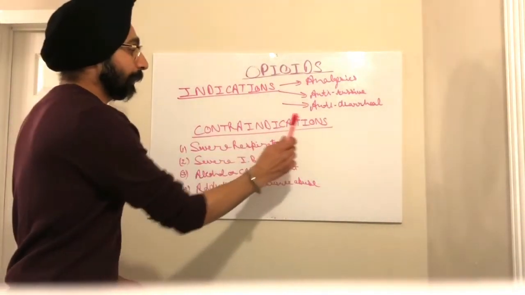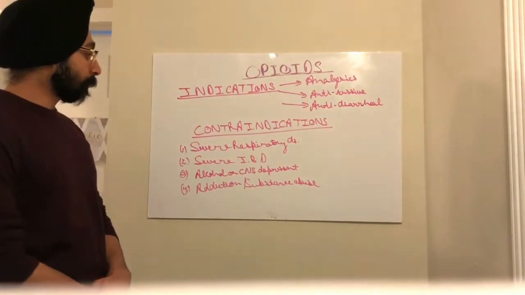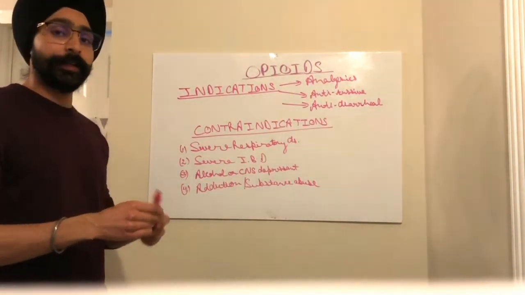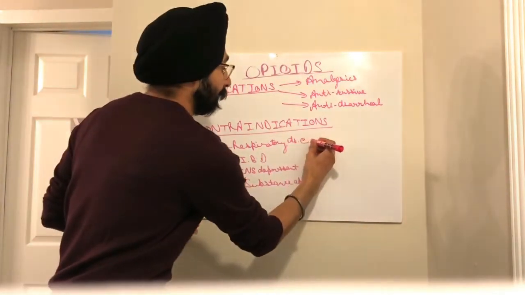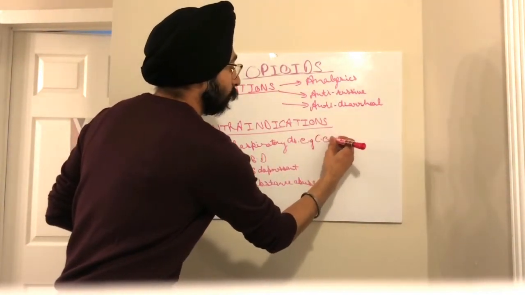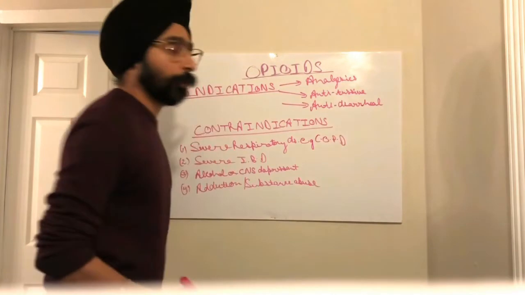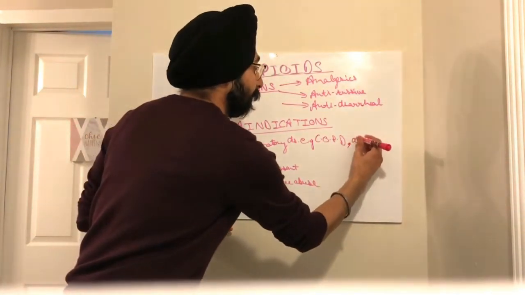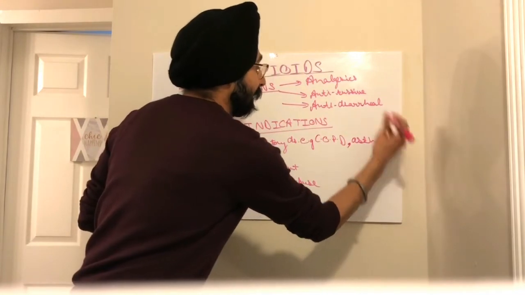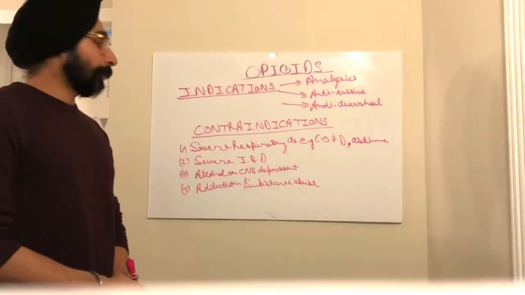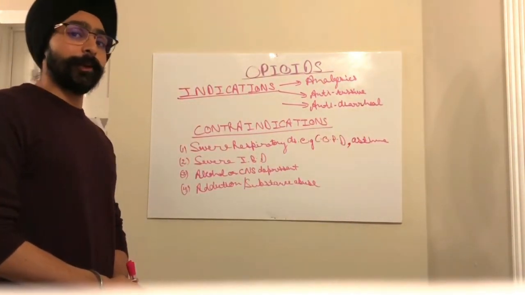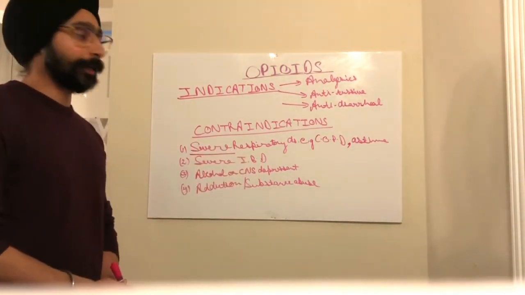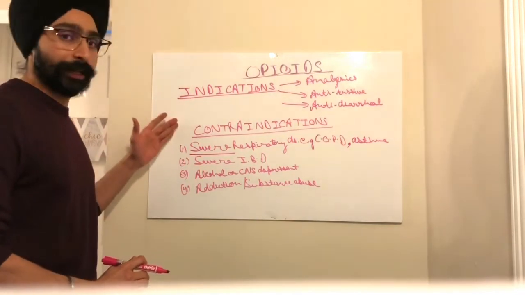Then are the contraindications. The first one is severe respiratory disease. In severe respiratory disease, we have examples like severe COPD or chronic obstructive pulmonary disease, or severe asthma. Guys, one thing to remember in this case, if in a given question you are given the word severe, only then it becomes a contraindication.